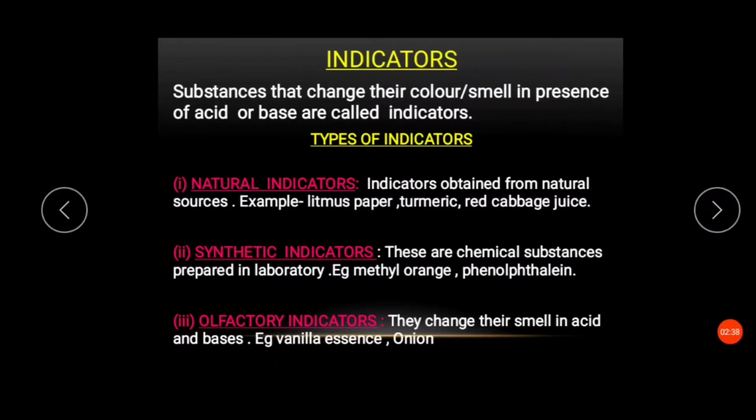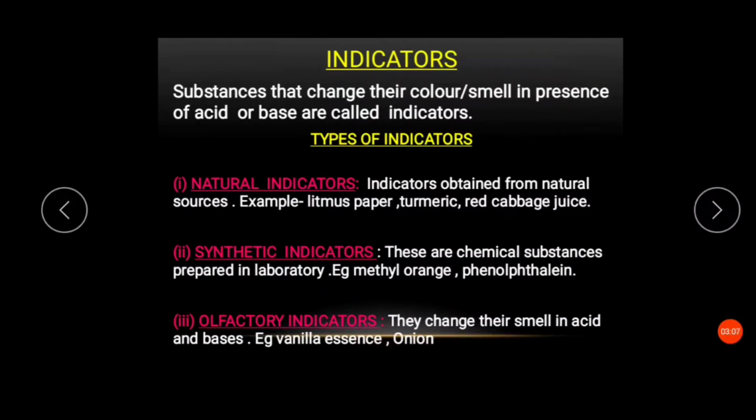The two synthetic indicators most commonly used are methyl orange and phenolphthalein. Olfactory indicators: as the name suggests, the word olfactory is used for smell. So those indicators which change their smell in acids and bases are called olfactory indicators. Examples of olfactory indicators are vanilla essence and onion.